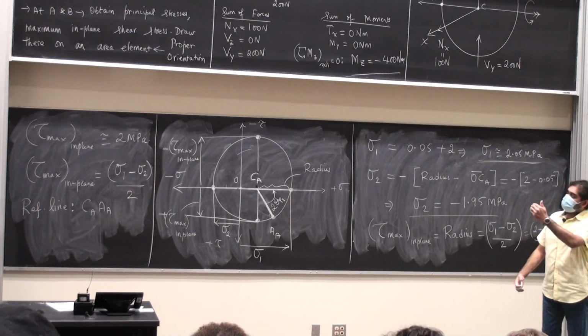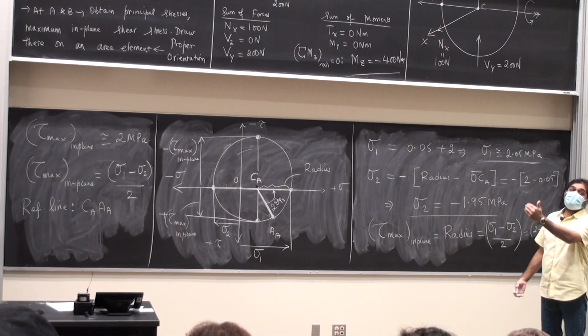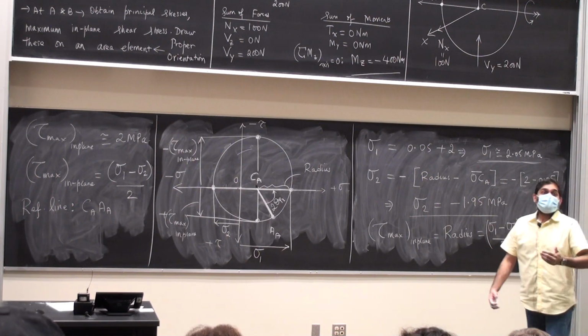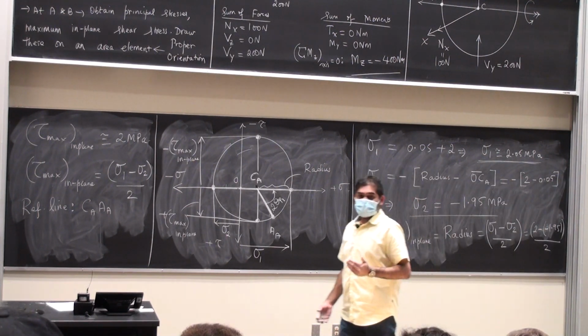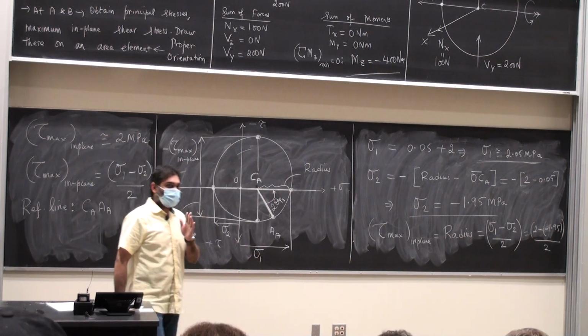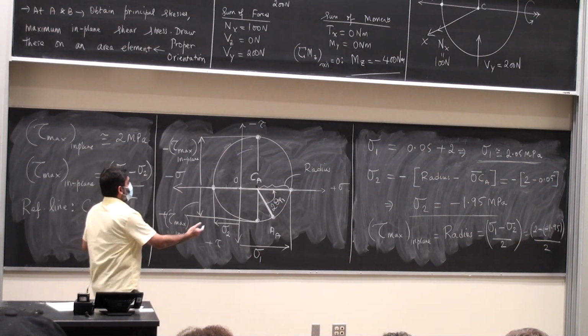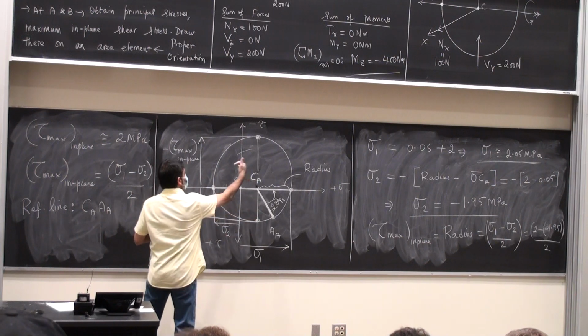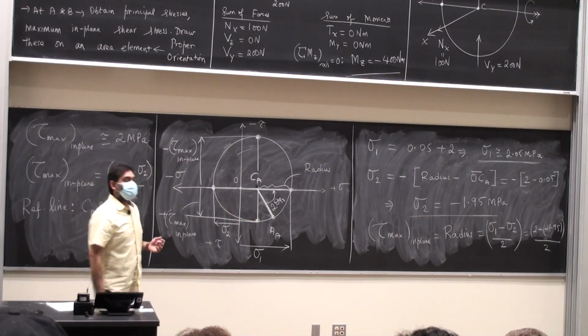Which means all the way from the line CA counterclockwise, always counterclockwise, no matter what anybody says, counterclockwise. Always. Okay? From the line CA all the way to the second principal stress is 2 theta P2.